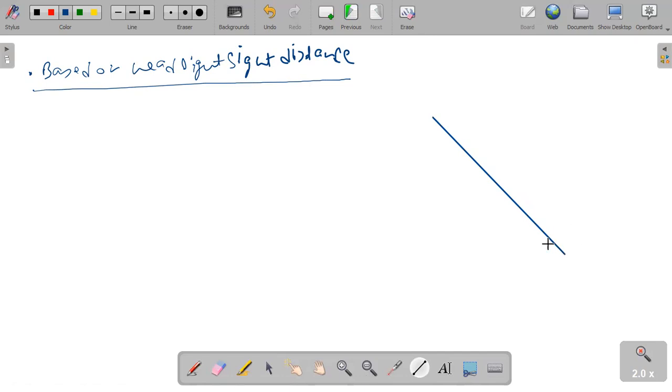Something like this. Let's say there is your vehicle, something like this. This is your vehicle here.